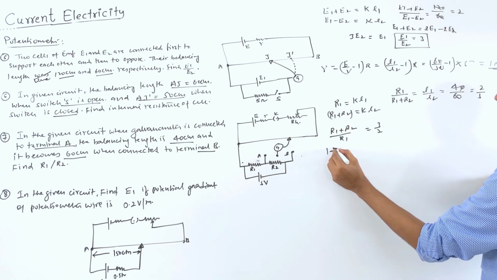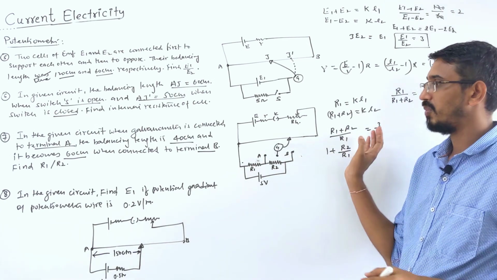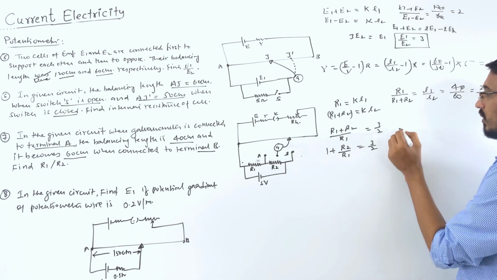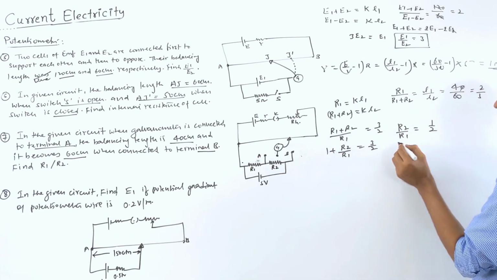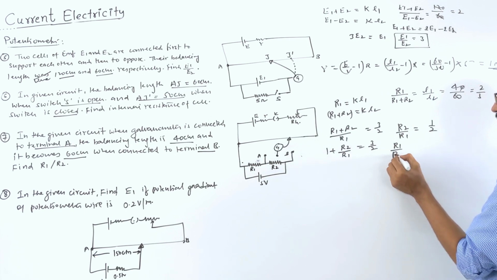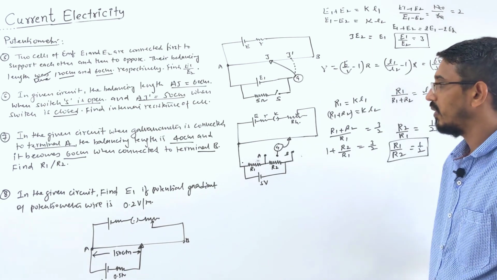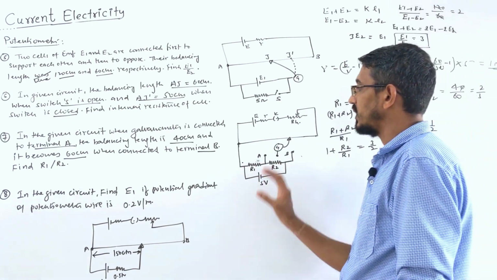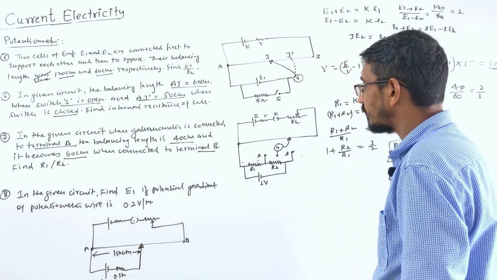You divide here, 1 plus R2 by R1. I told you the direct relation of this also, hope you remember, in terms of length you can also write it. So this becomes 3 by 2, or R2 by R1 is 1 comes here, 1 by 2. They are asking the opposite, R1 by R2, which is 1 by 2 inverted. Correct? Or if any one resistance is known, you can find the other here also. So this is used to find unknown resistance also. Yes, you can find.